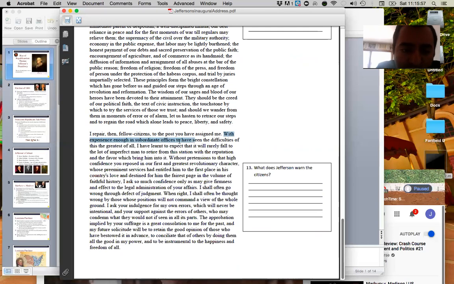With experience enough in subordinate offices to have seen the difficulties of this, the greatest of all, I have learned to expect that it will rarely fall to the lot of imperfect man to retire from this station with the reputation and the favor which bring him into it. I like that. And then let's take a look at this one.